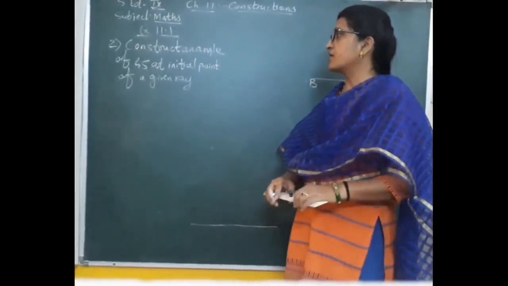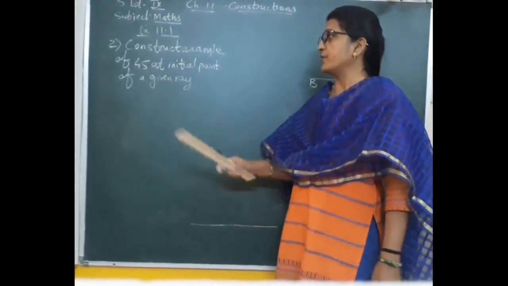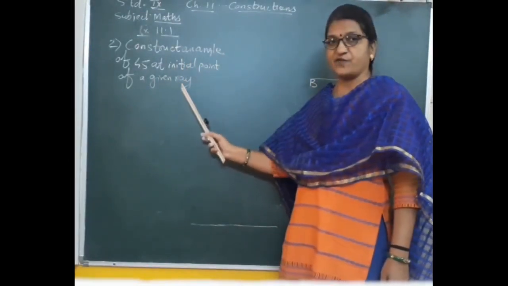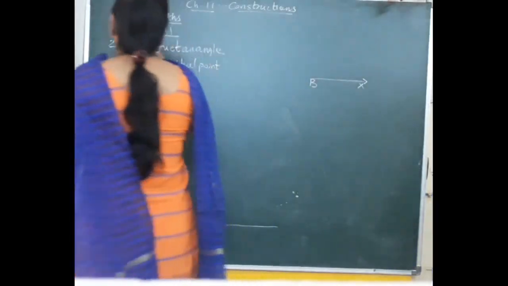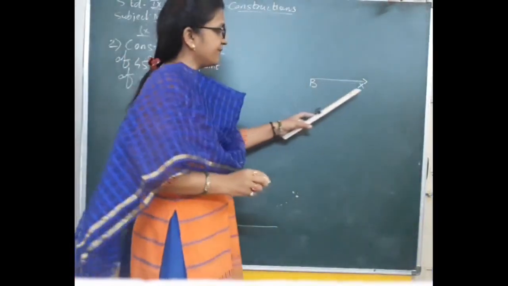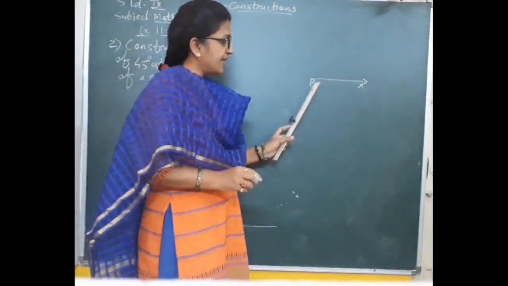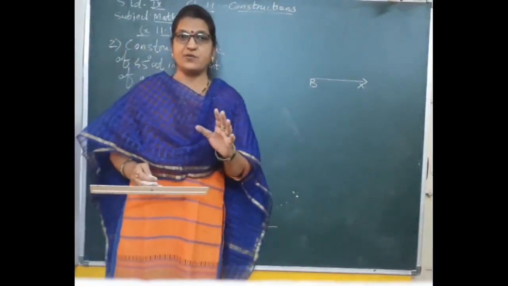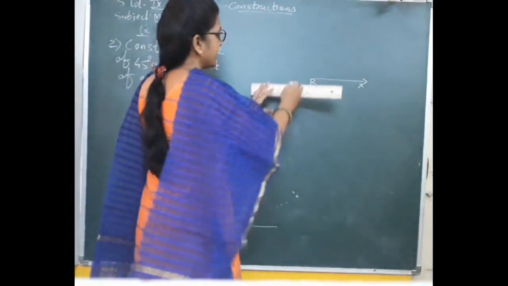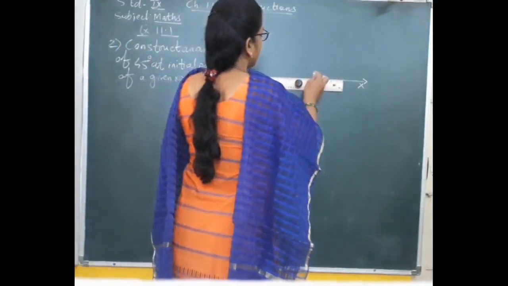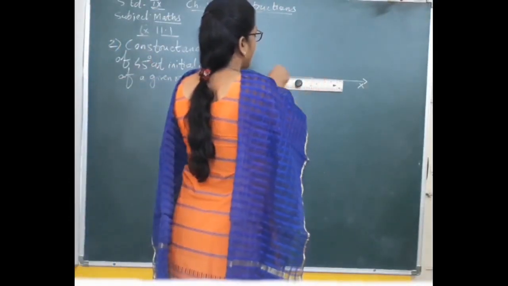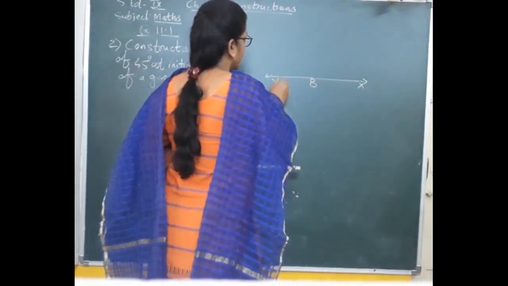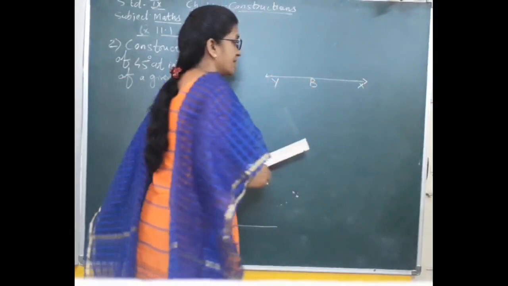Now, next construction of exercise 11.1, that is construct an angle of measure 45 at the initial point of a given ray. Now, BX is the ray given, B is the initial point. We want to construct the angle of measure 45. So, we will extend this ray toward Y. Now, YBX is a line.